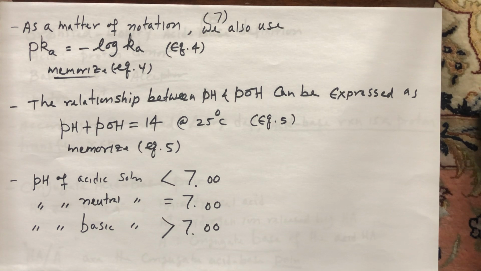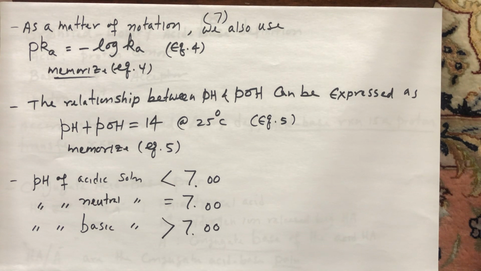Now, the relation between pH and pOH can be expressed as equation 5, that the sum of pH and pOH is a constant, equal to 14 at 25 degrees Celsius. So you need to memorize that as well.